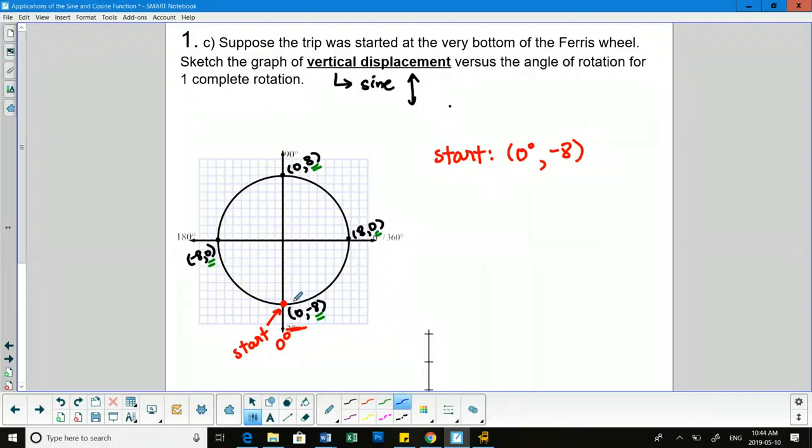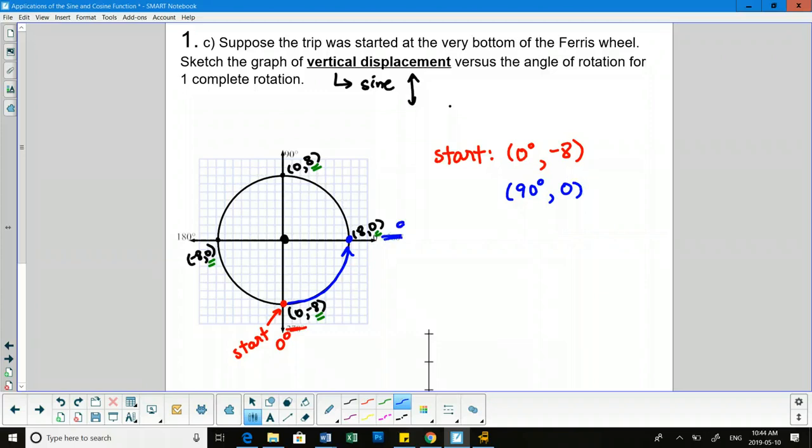Okay, now when I rotate up here, how far have we rotated? 90. And what is the vertical displacement from the center at that point? Are we above the center, below the center, or equal with? Bonnie? We're equal with, so what would be the displacement? 0, yeah. And we can see that here is 0 as well. So that makes sense.